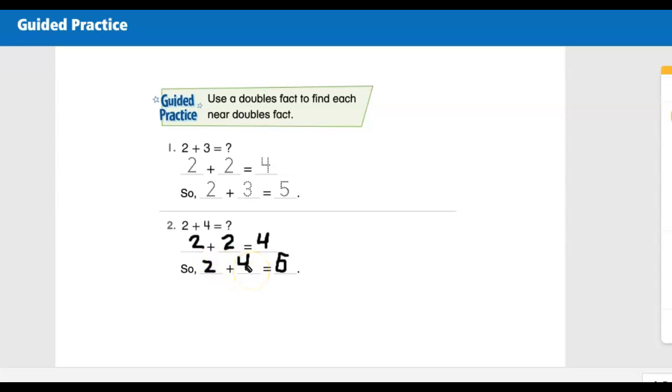So in this case, we went from 2 to 4. So we know that to get from 2 to 4, we need to add 2 more, correct? So we took our doubles answer and we added 2 to it, and it gave us 6. Let's try some more together, guys.